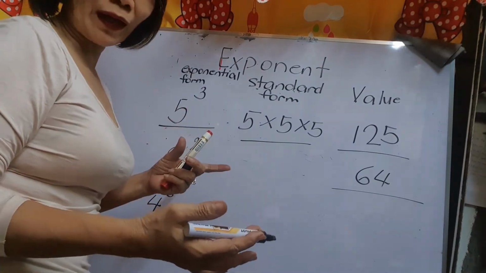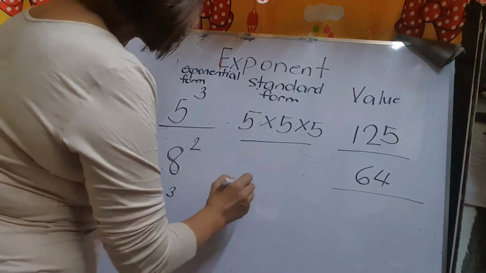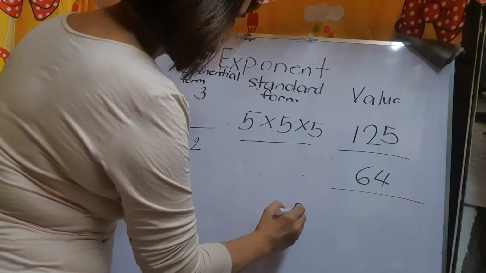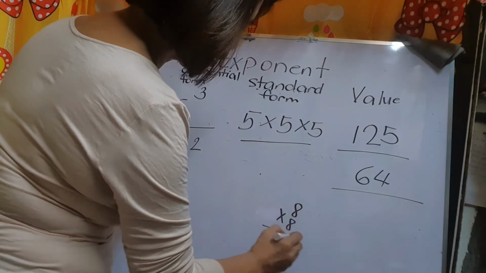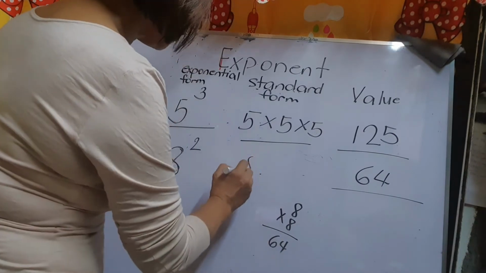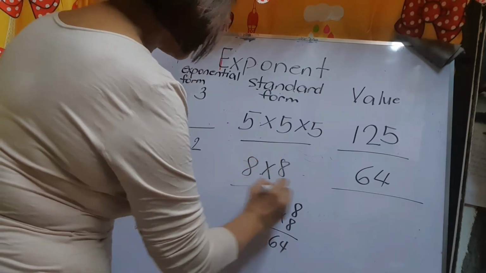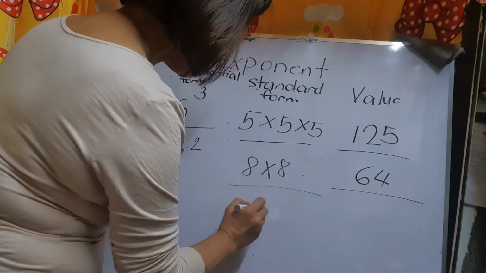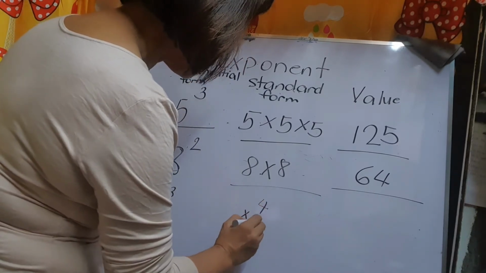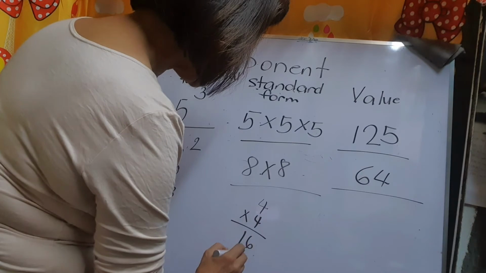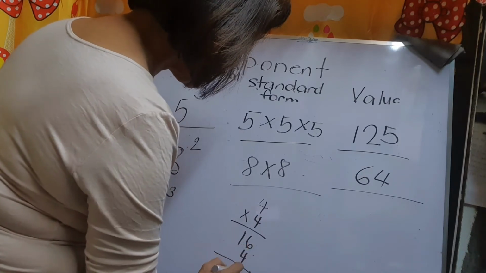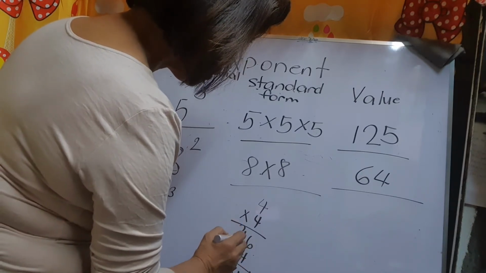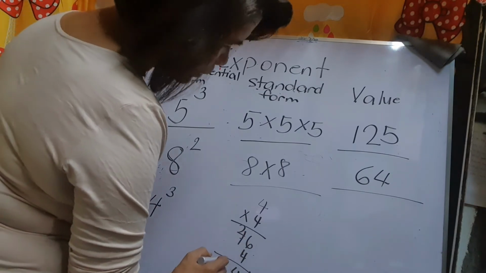So tingnan natin kung pareho, okay? So sabi niya rito, 8 times 8 is 64. Okay, so 8 times 8. Dito naman sa 4 to the third power, nakita natin, 4 times 4 is 16, times 4, 24, carry 2. 4 times 1 is 4 plus 2 is 6.